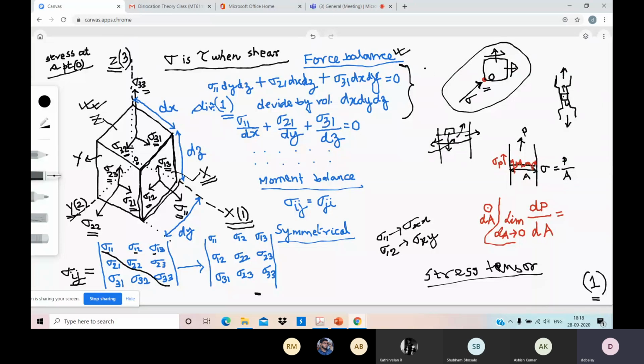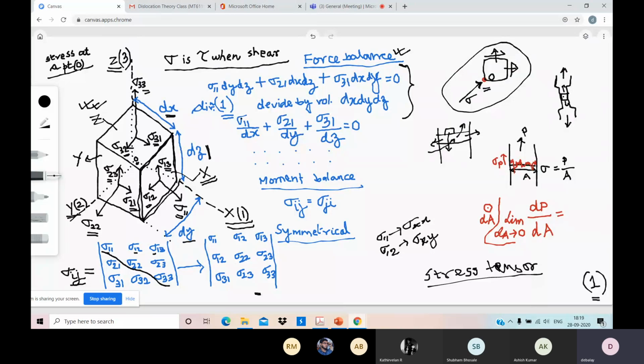Now you can see that we are representing the dimensions of the body as dx, dy, and dz. The body has the dimension dx along the x direction, dy along the y direction, and dz along the z direction.